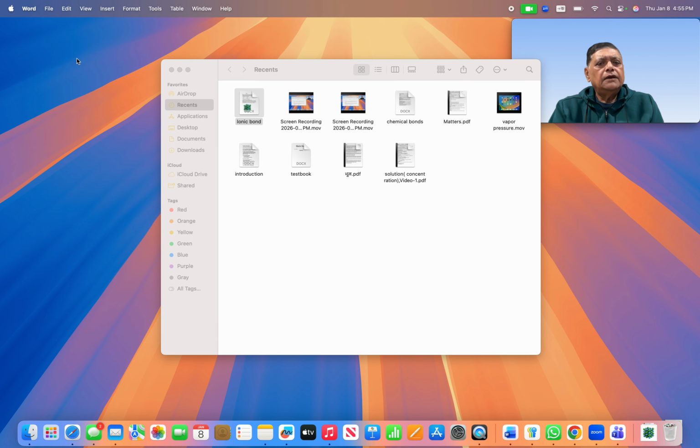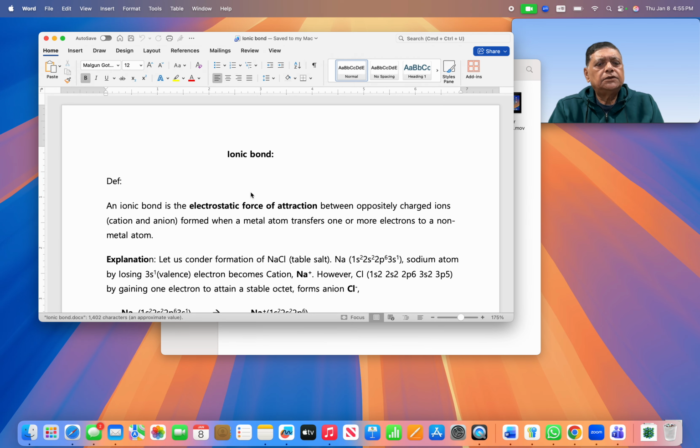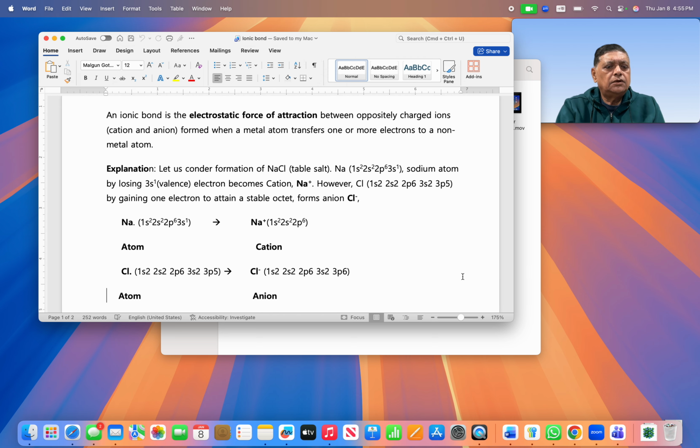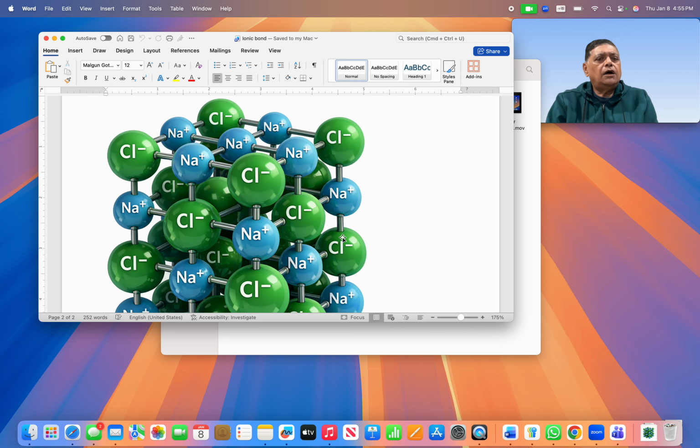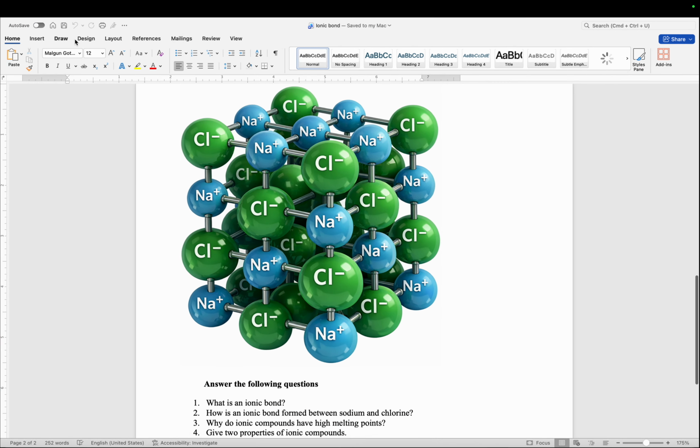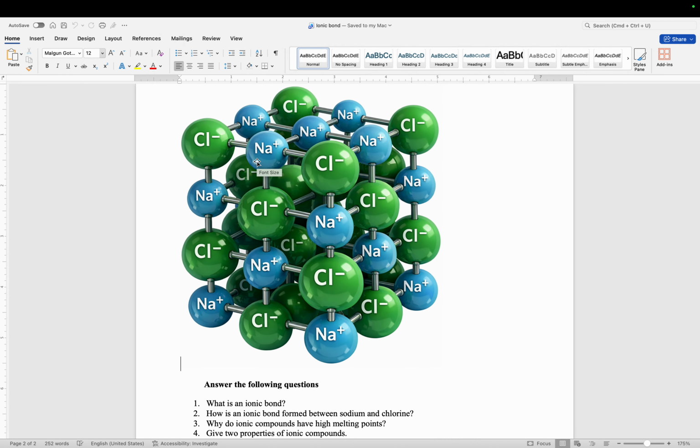Here I have given the structure, and in this structure we can see how very strong the electrostatic force of attraction is in the crystal of sodium chloride among cation and anion. Obviously, the force of attraction, that means the ionic bond, is very strong in all ionic compounds.